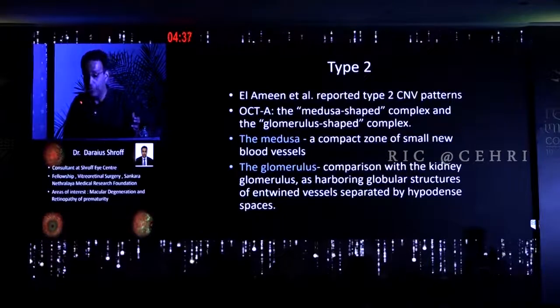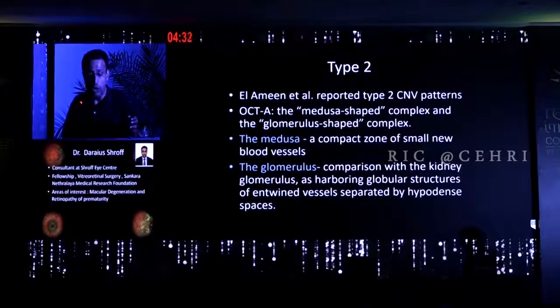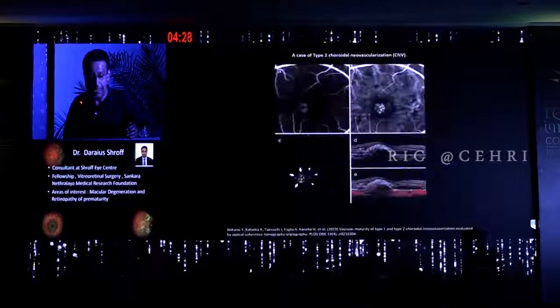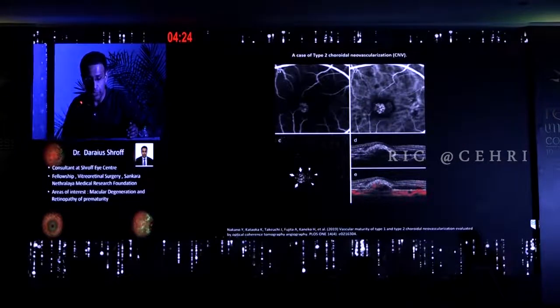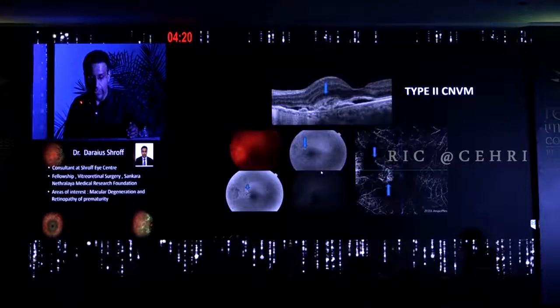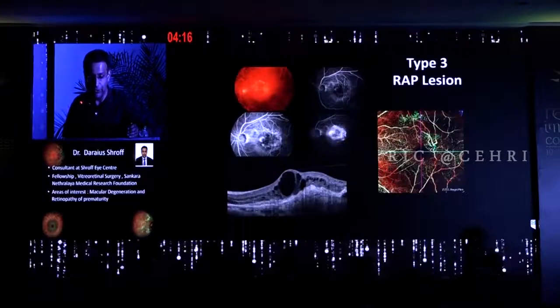And of course, the glomerulus is compared to the kidney glomeruli, and it harbors globular structures of entwined vessels which are separated by the hypodense spaces. And you can see here the glomerular pattern in the type 2 CNVM, which is very well delineated in this section. This was another type 2 CNVM, and we can maybe imagine it to be a bit glomerular.